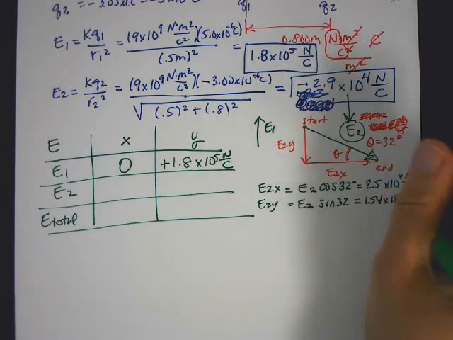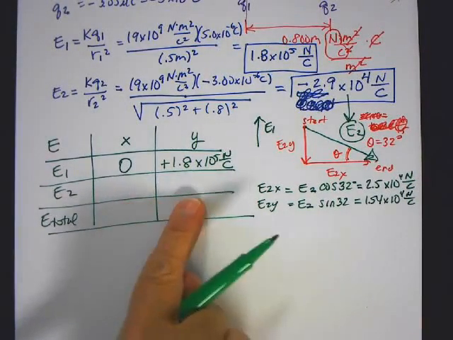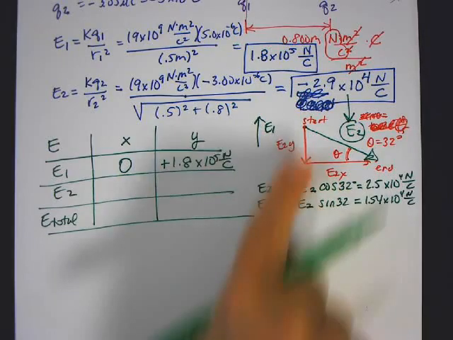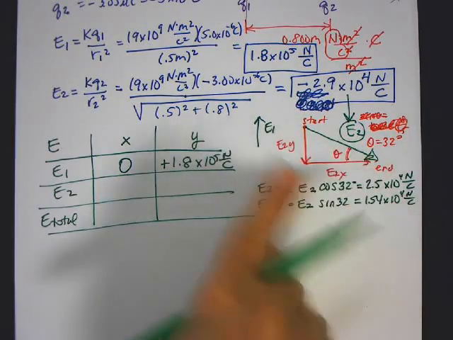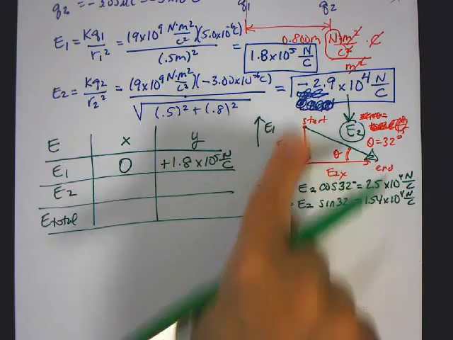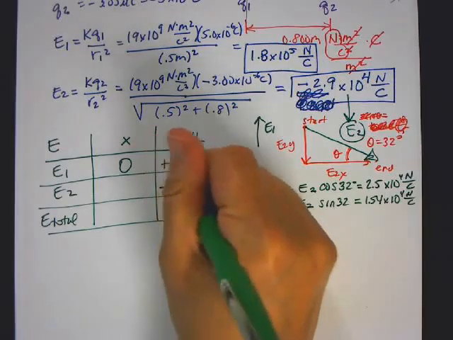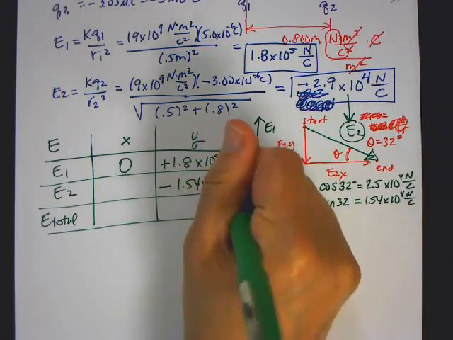Now, the most important thing in this chart is the signs. What direction are they pointing? So I need to look at my vector diagram. E2y points down, so that one's going to be negative. And E2x goes to the right, which is going to be positive.